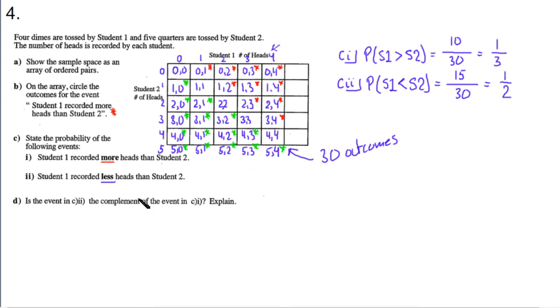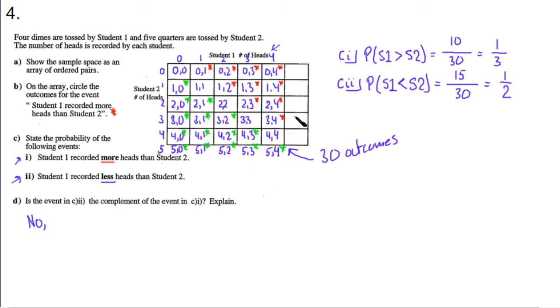And then finally, in question D, is the event in C2 the complement of the event in C1? It is not the complement, because remember that the complement of an event is all the outcomes that are not that event.